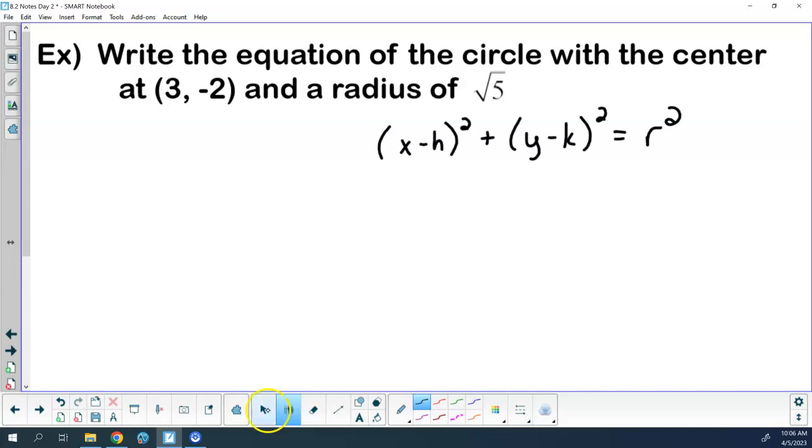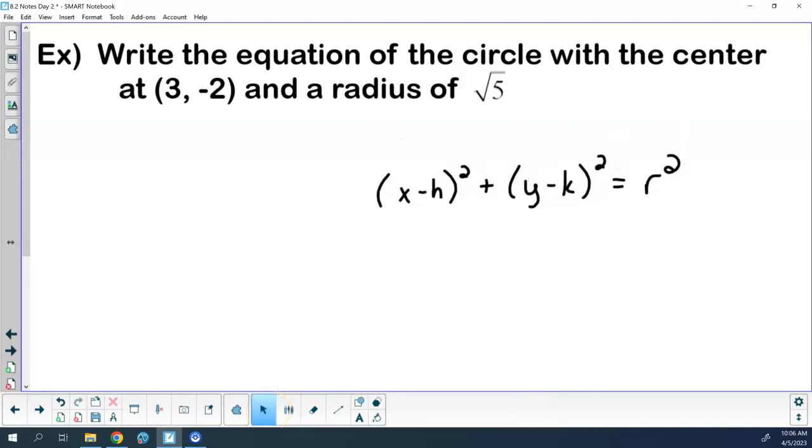I'm going to move that down just a little bit so I can write it right above. What's h? H is 3. What's k? Negative 2.